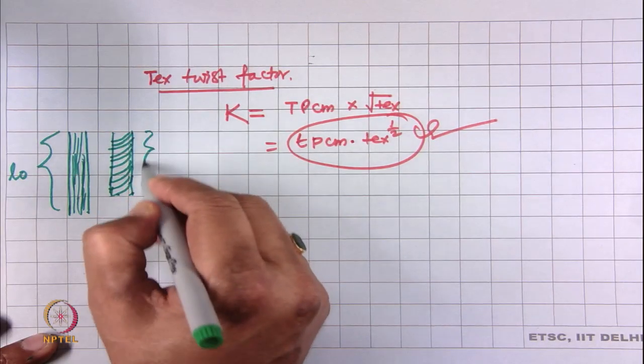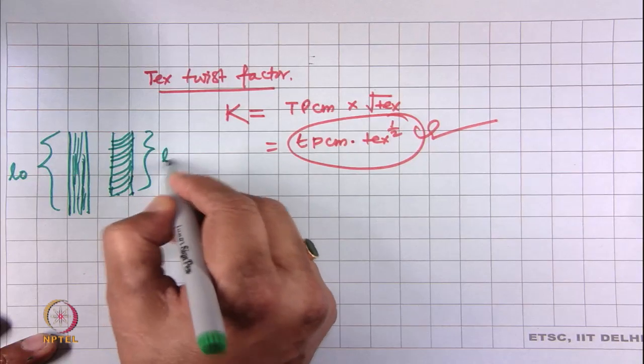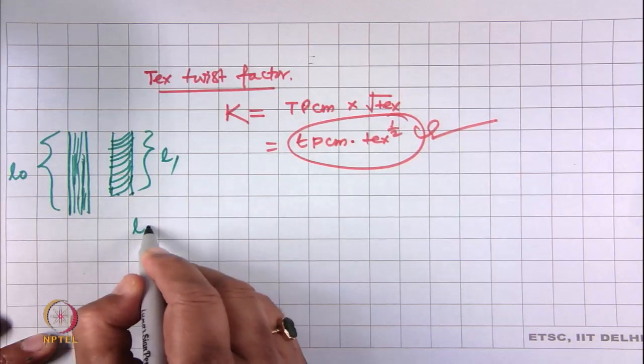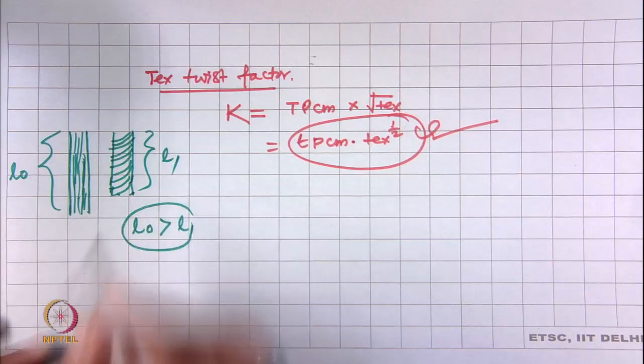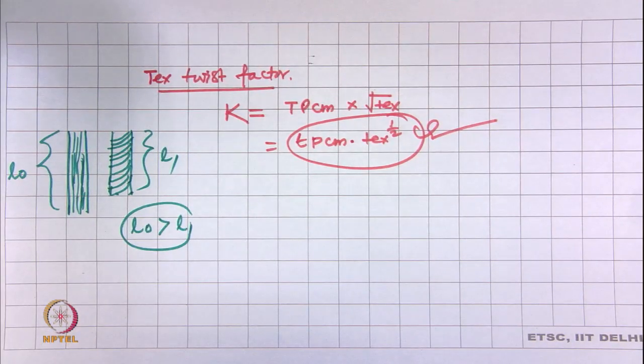So, this is L1, so L0 is more than L1, that is the contraction.